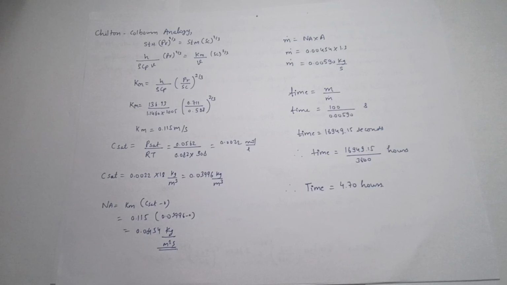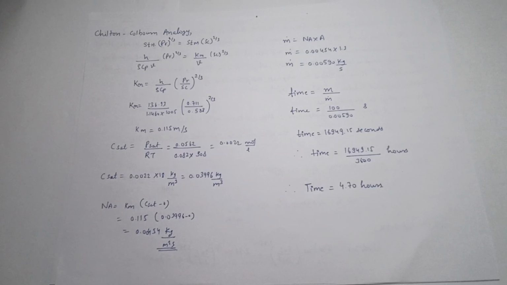Calculating this, we get Km as 0.115 meter per second. Now, calculating Csat, the concentration at saturated pressure, gives us Psat by RT. Since the pressure is in bar, we have used the value of R as 0.082.